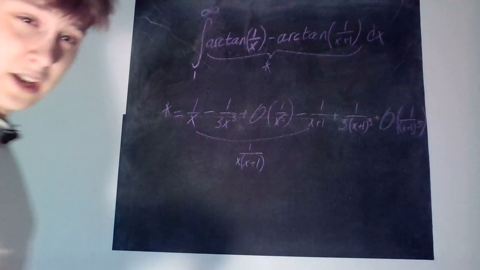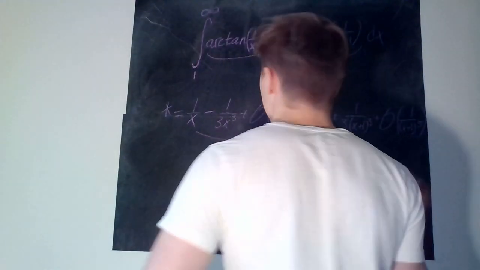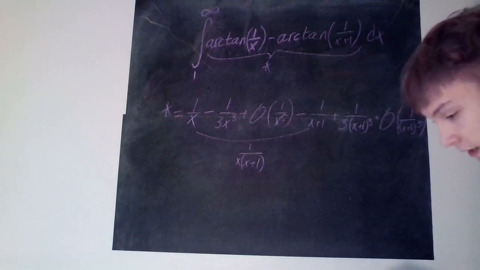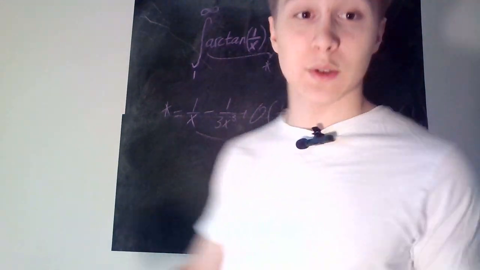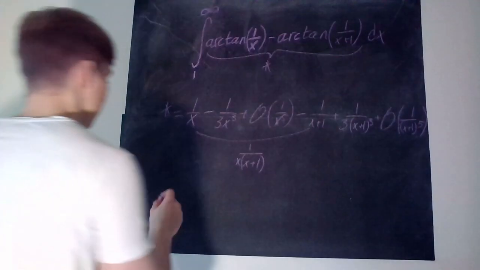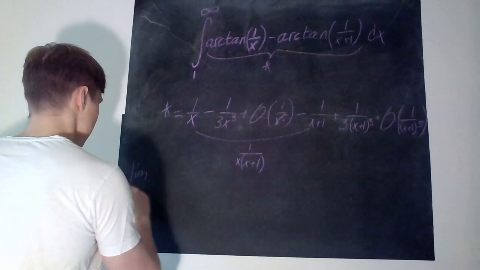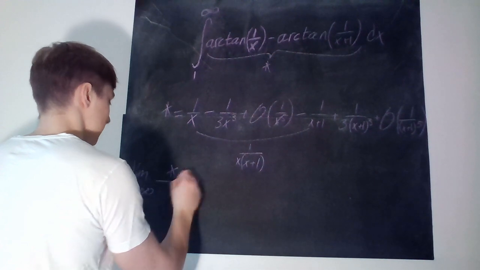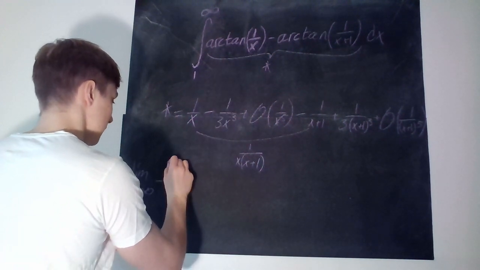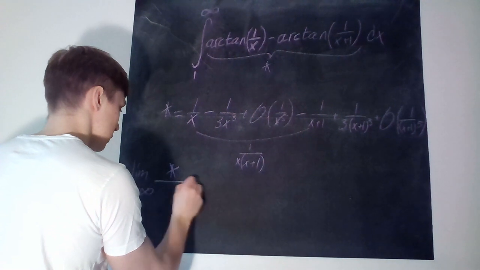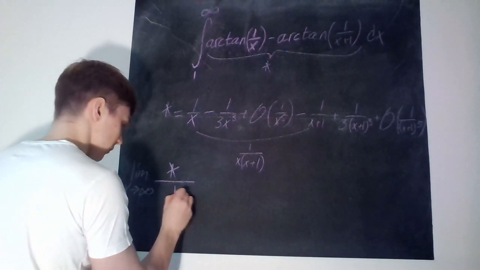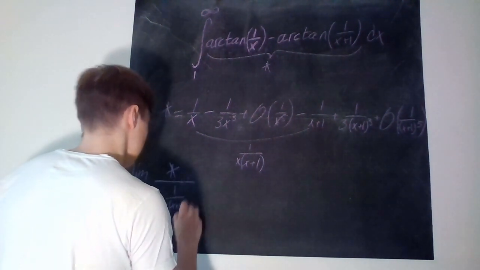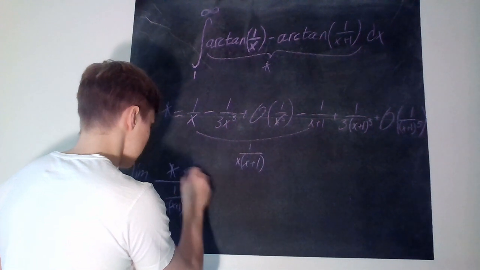So we know that when x tends to infinity, this thing will sort of tend to this thing over here. So that would mean that if we could find the limit as x tends to infinity of star, that thing over there, divided by, because here we have a big division sign, then here we have a small one, 1 over x plus 1, which is just the same as moving this up there.